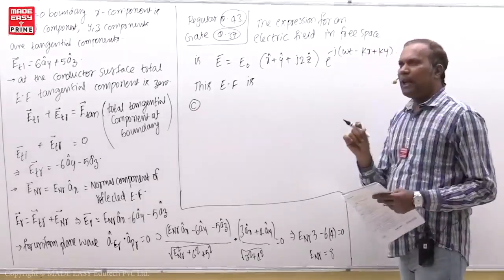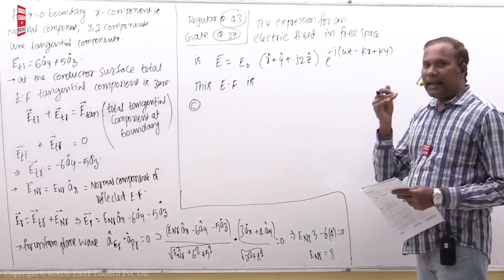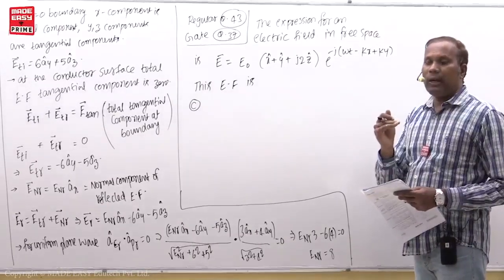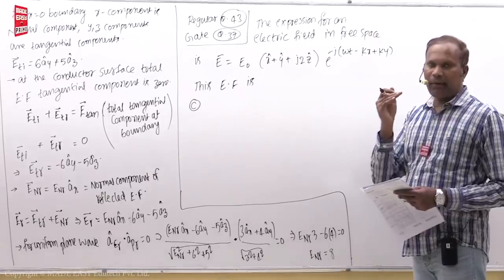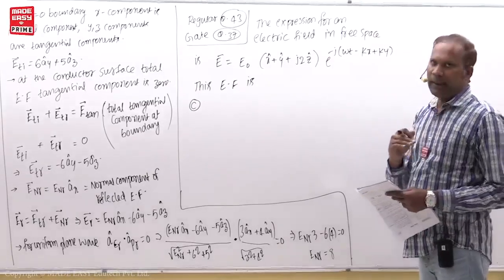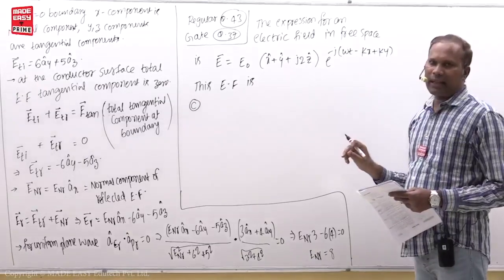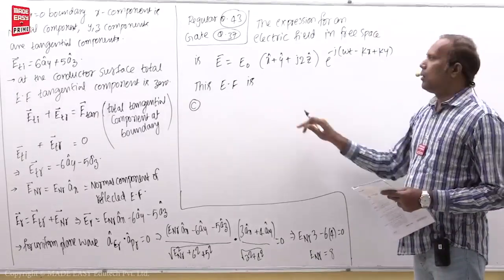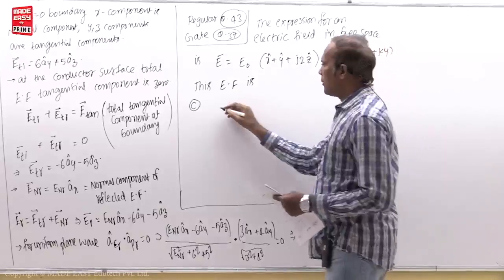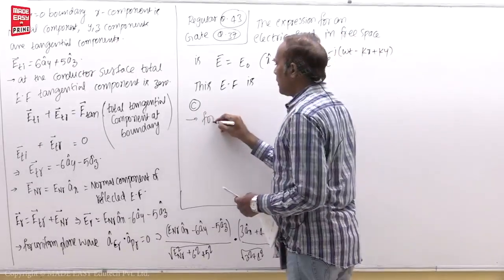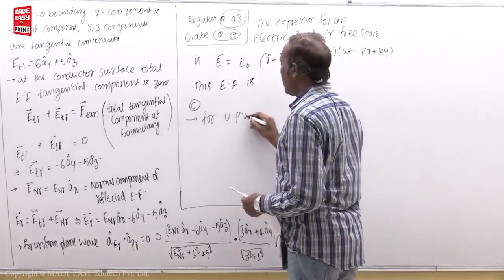So in a uniform plane wave, if the wave travels in the z direction, then the electric field should not have a z component; it should have x comma y components only. Similarly, for a wave traveling in the x direction, the electric field will have y comma z components.